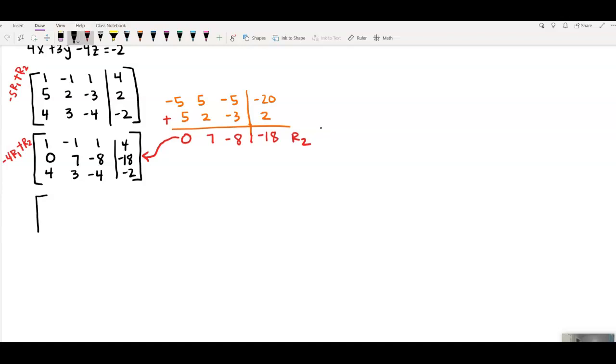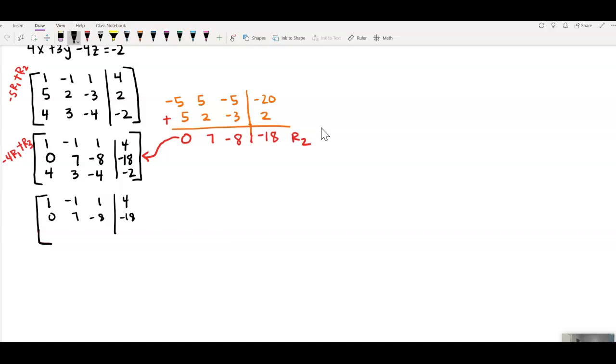I meant row 3. I'm adding it to row 3 because row 3 is the one that I want to change. So my row 1 stays the same, my row 2 stays the same, and my row 3 is the one that's going to be changing.